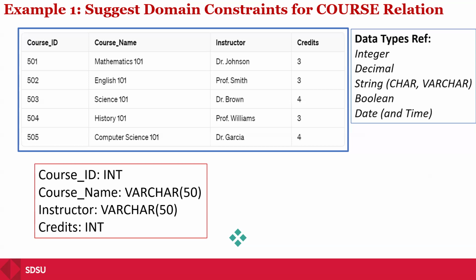Remember, when we talk about defining domain constraints, the size of the field matters, but we need to allow a little extra to make sure that when we insert a larger value, our table still supports that. And when we're talking about defining the size of the data, we will talk more about that when we talk about physical database design and segments.